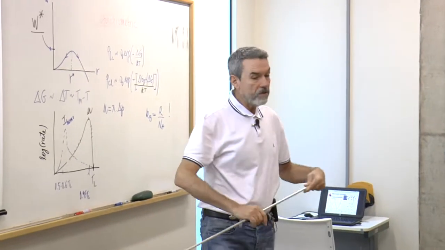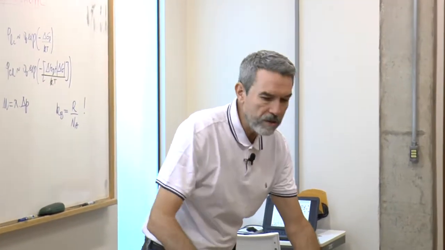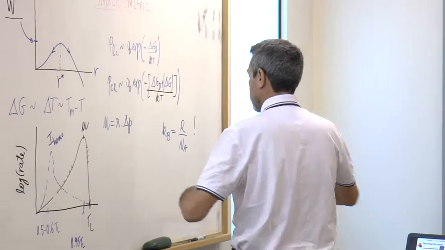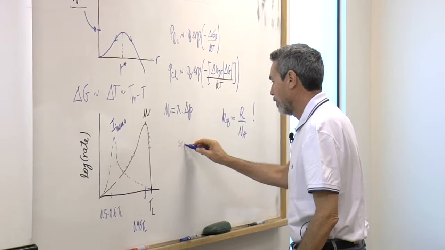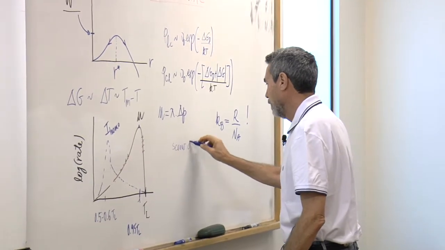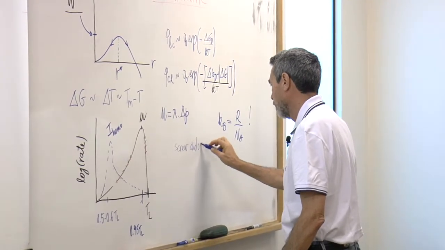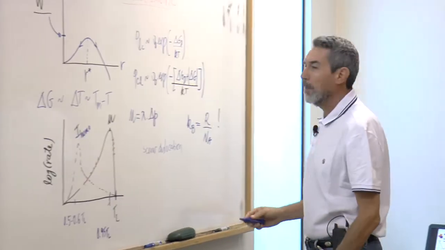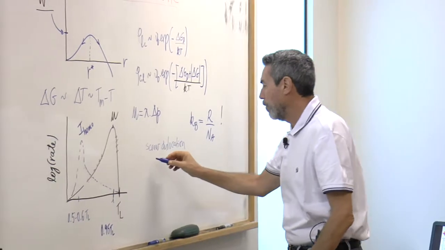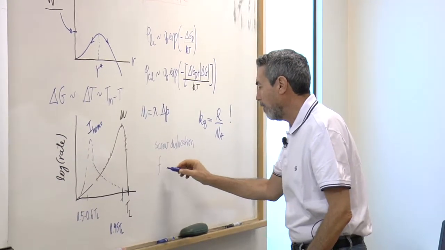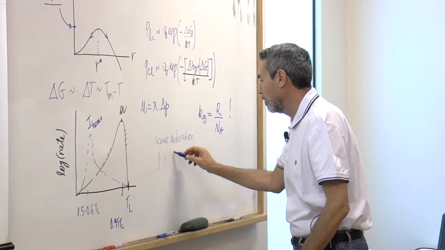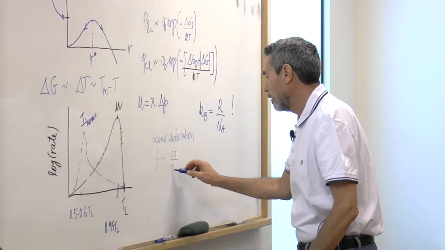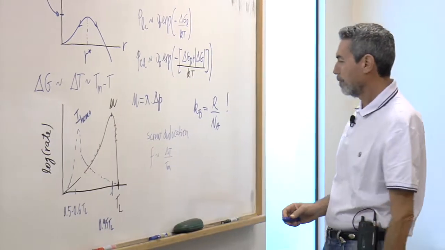For the screw dislocation growth model, the only difference is that we use F, which is proportional to delta T over Tm.